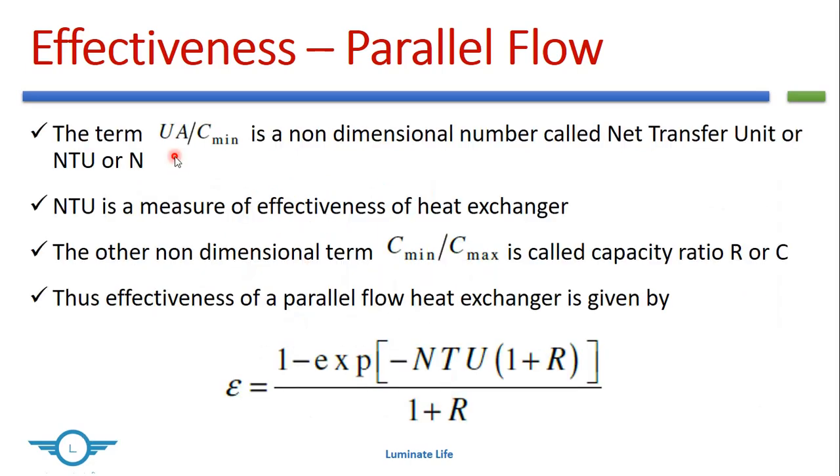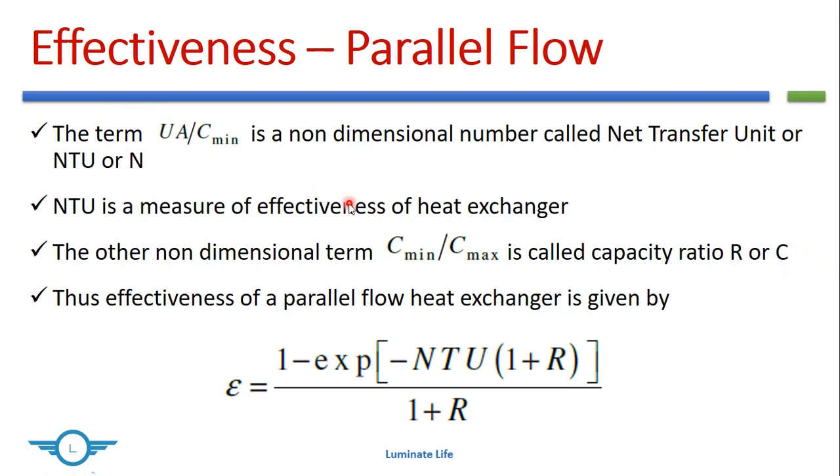Now this term UA by Cmin is a non-dimensional number called number of transfer units, or NTU, which is sometimes also represented as N. This NTU is a measure of the effectiveness of the heat exchanger. The other non-dimensional number is Cmin by Cmax, which is called the capacity ratio, R, or sometimes also represented as C.